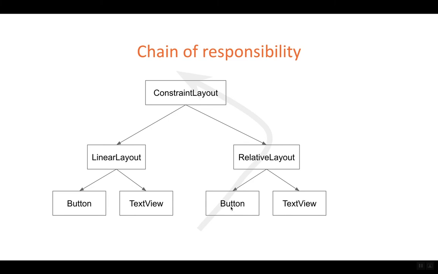That button will either handle that request, or pass it on to the relative layout. If the relative layout cannot handle the request, it will pass it on upwards to the constraint layout, which of course can either handle it or let the request simply die out. Okay, so this is the chain of responsibility represented in an Android setting. If you've worked with Android before, you would be familiar with this structure. That is the typical chain of responsibility design pattern.